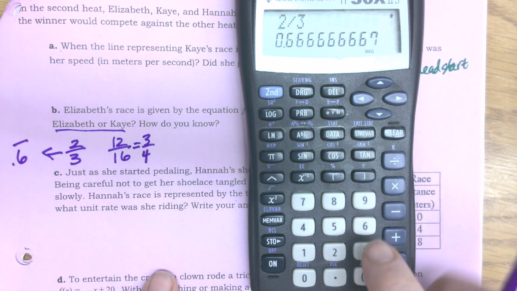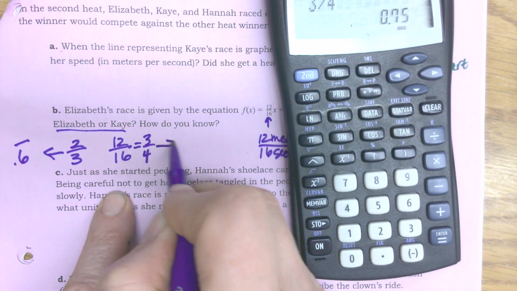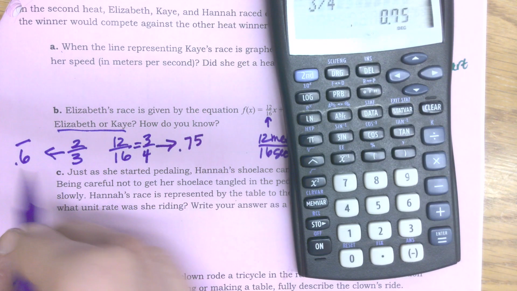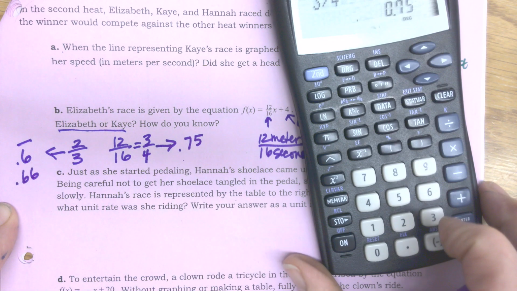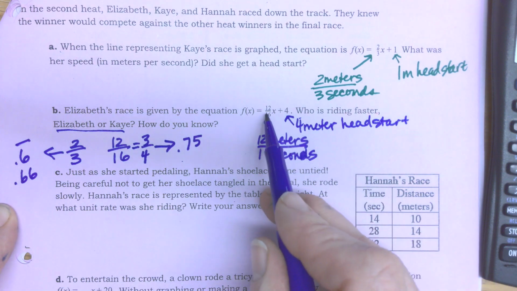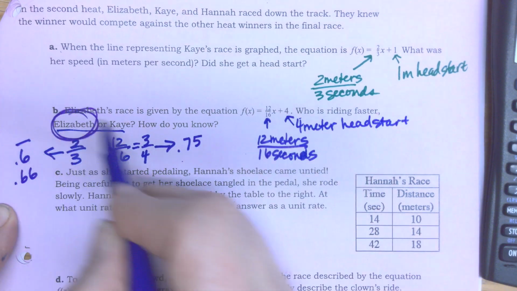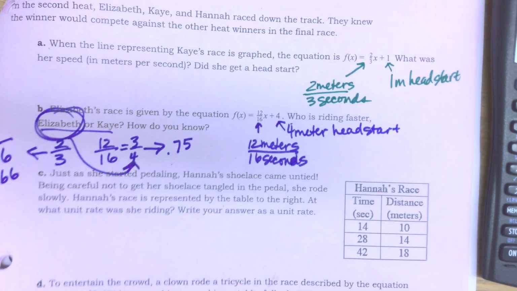Then 3 divided by 4 gives me 0.75. Which is faster, 0.66 or 0.75? 0.75. So who's faster? Elizabeth. Okay.